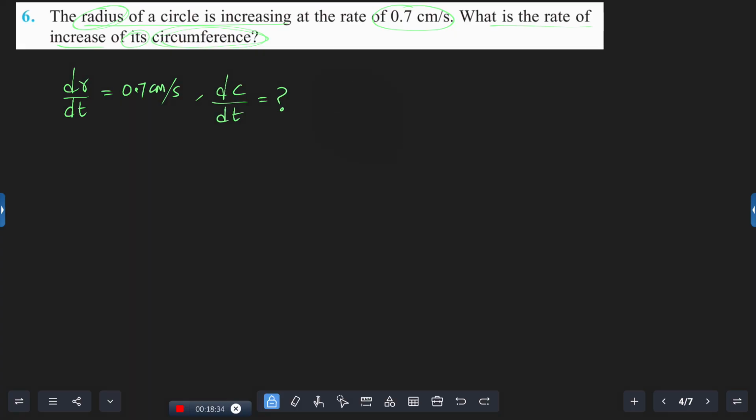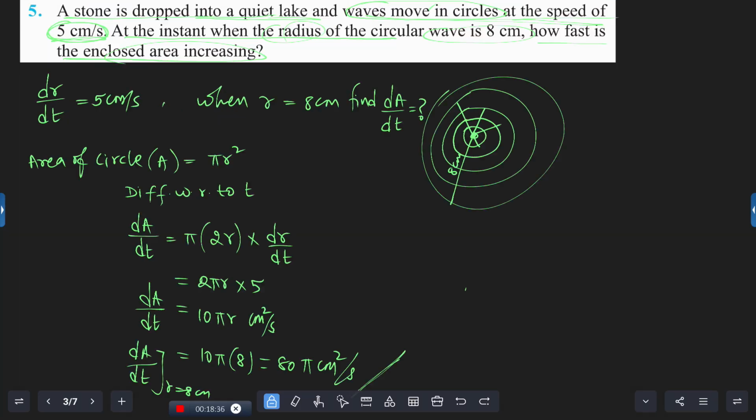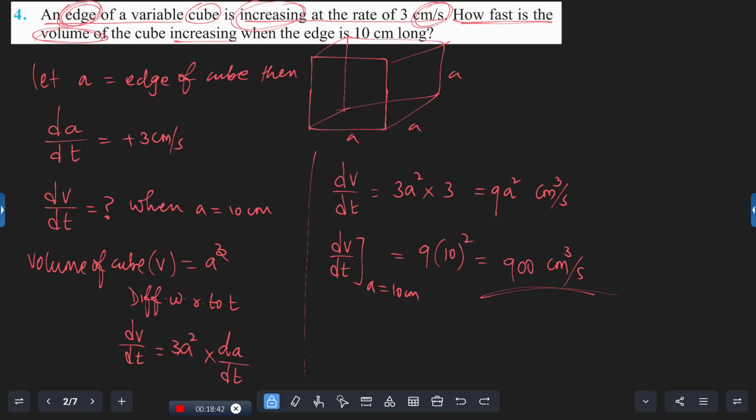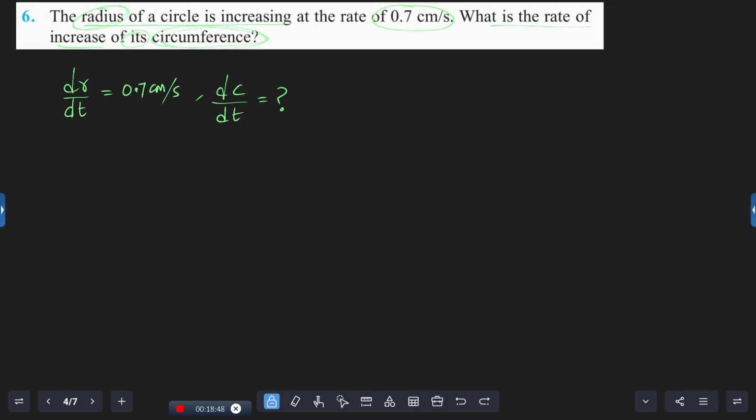Usually, find dA by dt when r equal to 8, or find dV by dt when a equal to 10, like that they will give some value in each. But in this question, we need to find dC by dt, but r equal to is not mentioned. Means when you differentiate, maybe r will vanish. We will see what will happen here.